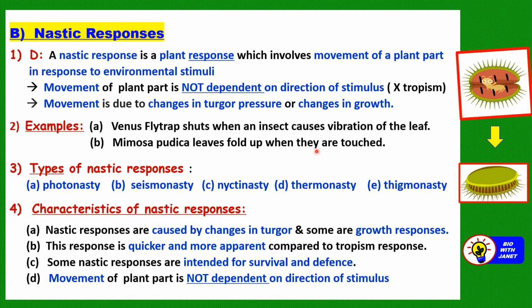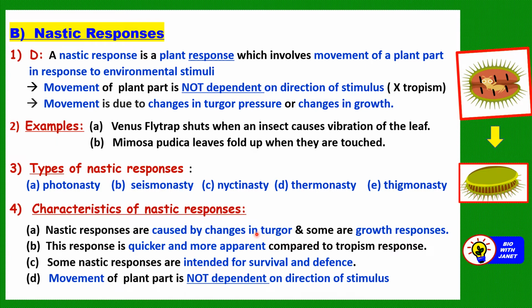Okay, so the stimulus here is shock or touch, a mechanical stimulus, and this causes the mimosa leaf to fold up, sort of close up, and it is due to changes in turgor pressure, as we will find out later. Types of Nastic responses: Photonasty, Seismonasty, Nyctinasty, Thermonasty, and Thigmonasty.